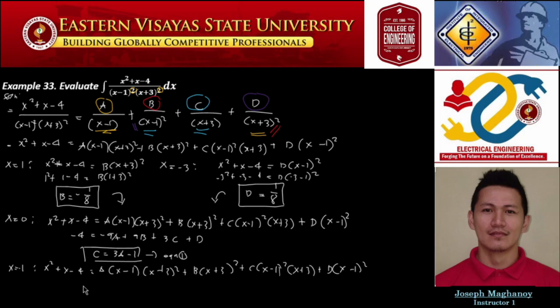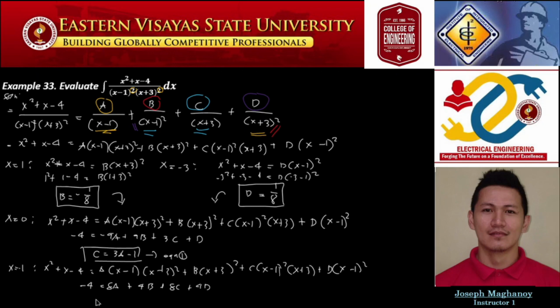We can have negative 4, 8a plus 4b plus 8c plus 4d. Again, we substitute the value of our d and b. So we can have our equation 2.